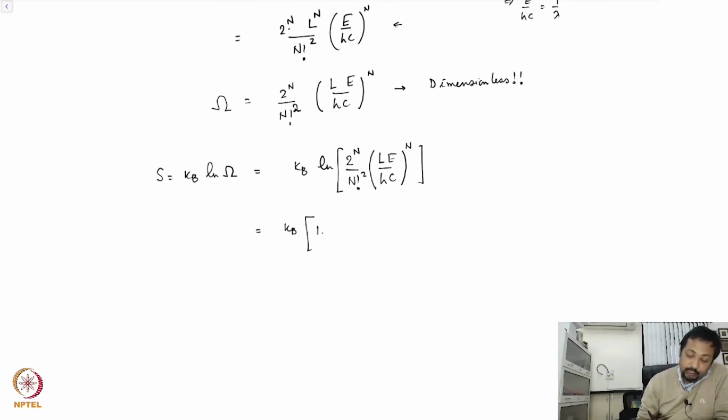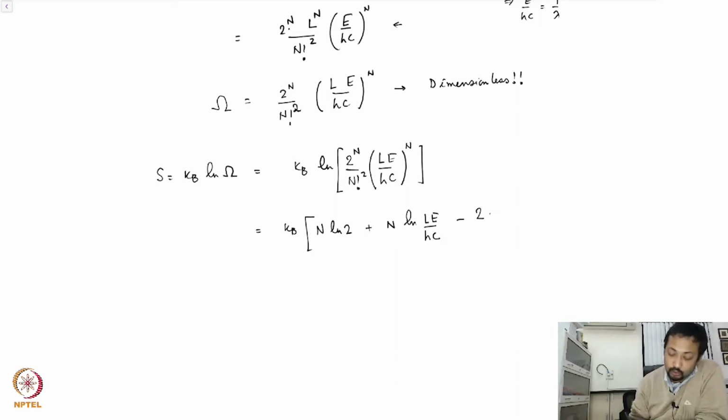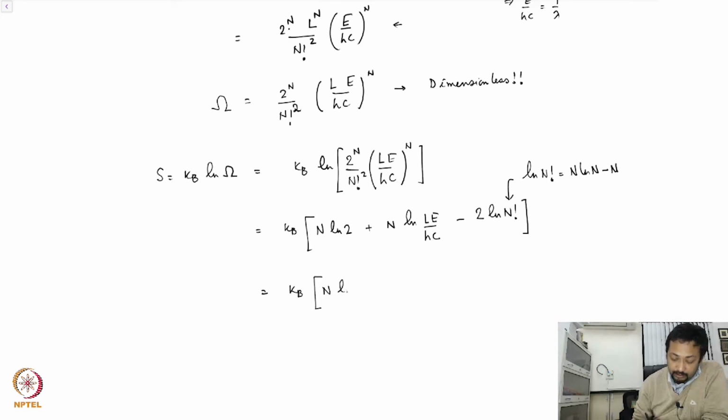I have n ln 2 plus n ln (L E over hc) minus 2 ln of n factorial, which in the thermodynamic limit I can use Stirling's approximation for, which tells me ln n factorial is n ln n minus n, and one has kb times n ln 2 plus n ln (L E over hc) minus 2 n ln n plus 2n.